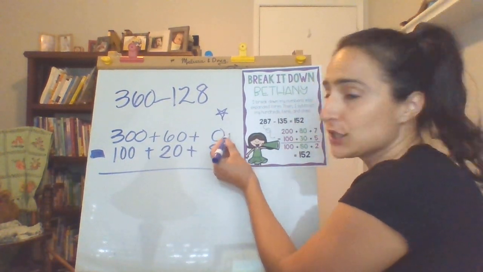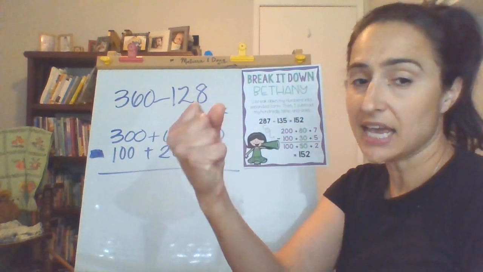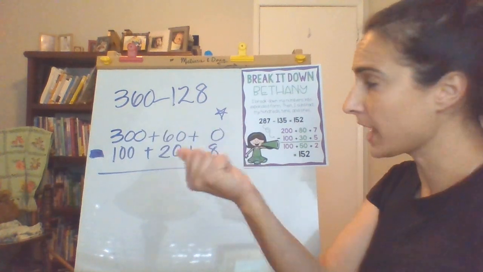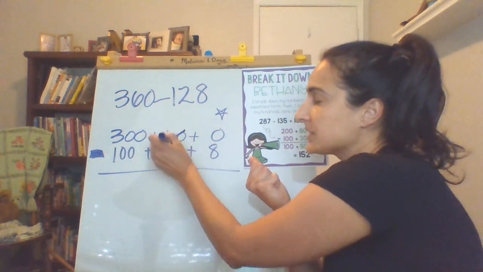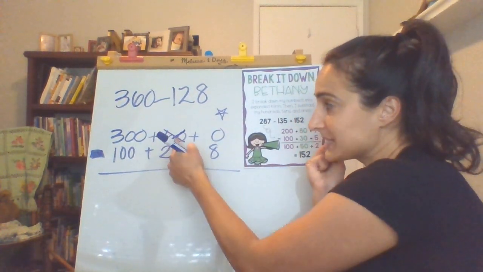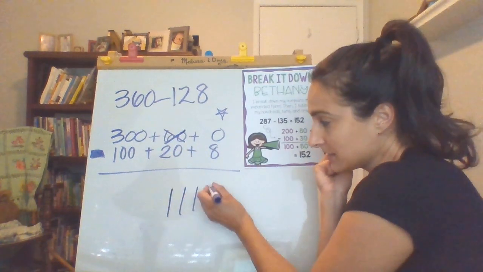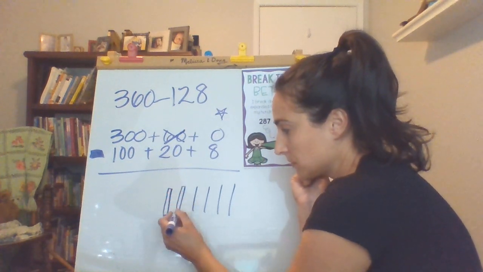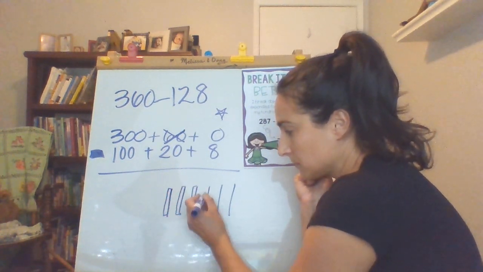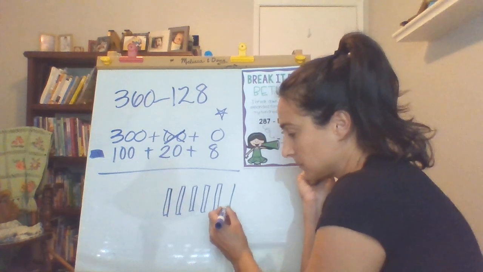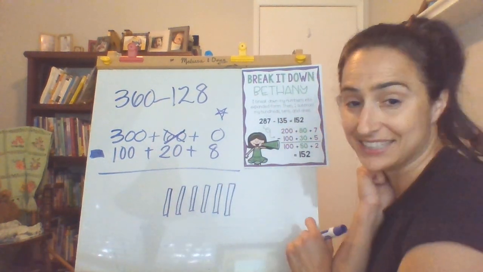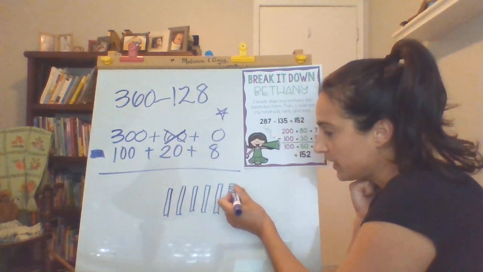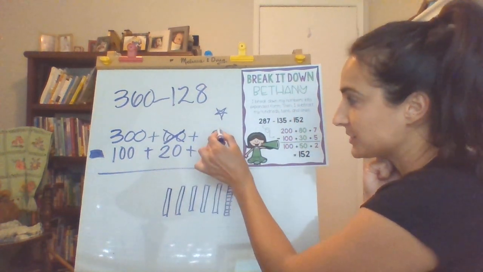You're going to need to start at the right because of something like this. I have 0 ones. I'm trying to take 8 away. Can I do that? I don't have 8 to give away. Well, I'm going to have to take away from the tens. Each ten has 10 in it, right?